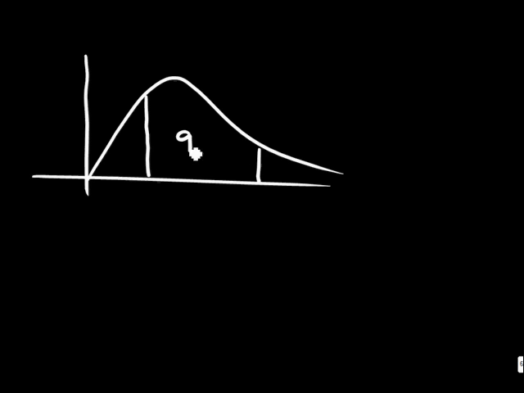Draw our chi-square distribution, 99%, 0.5%, another 0.5%.